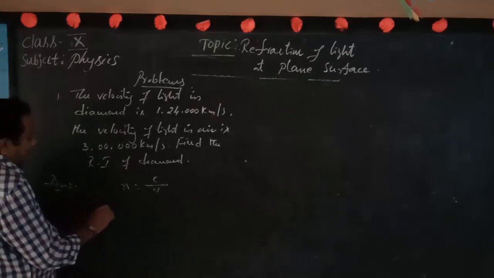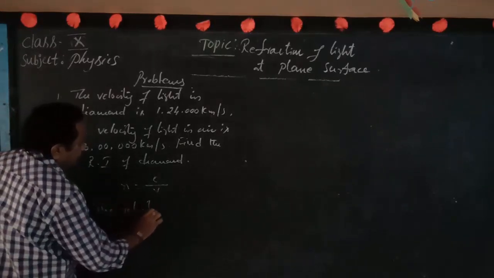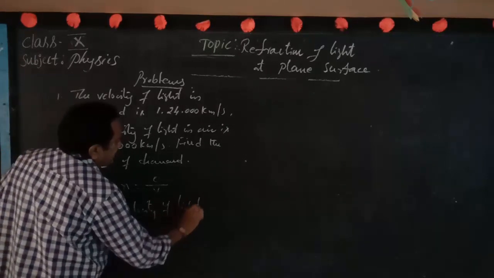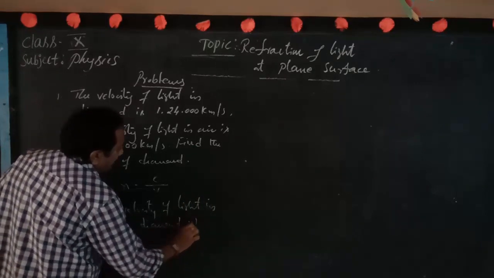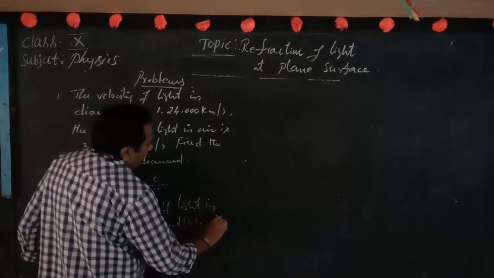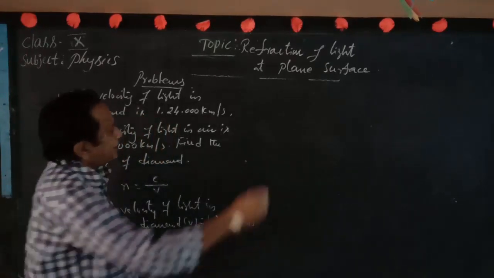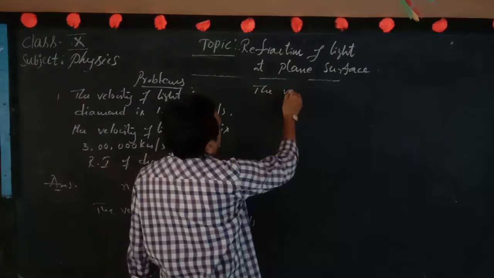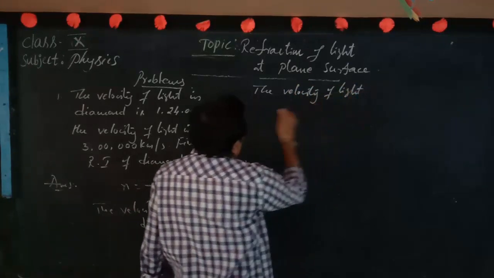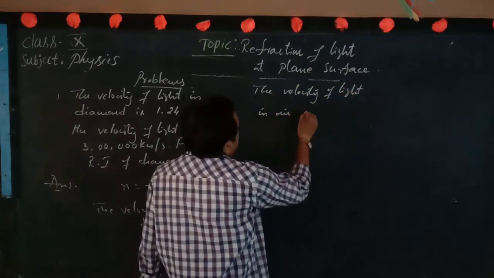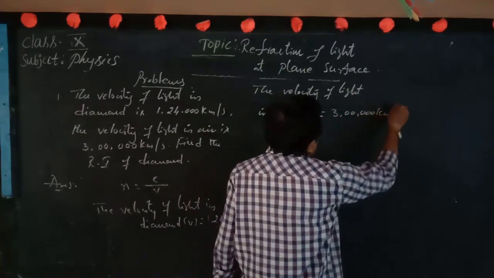So once again we write the steps. The velocity of light in diamond is v, v is equal to 1,24,000 kilometer per second. Similarly, the velocity of light in air, that is c, is equal to 3 lakh kilometer per second.